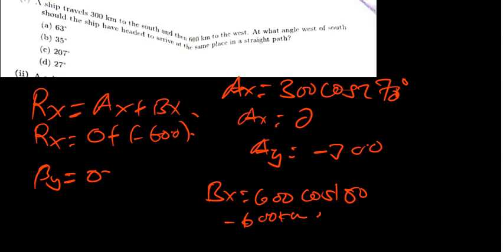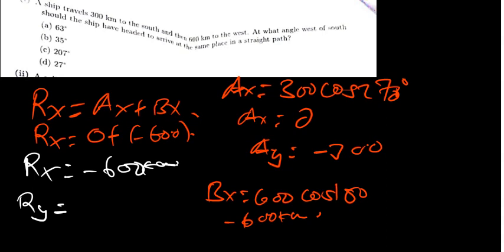We are done with that one. So what will be our Rx? It's going to be negative 600 kilometers. Then Ry is going to be Ay plus By, negative 300 kilometers.